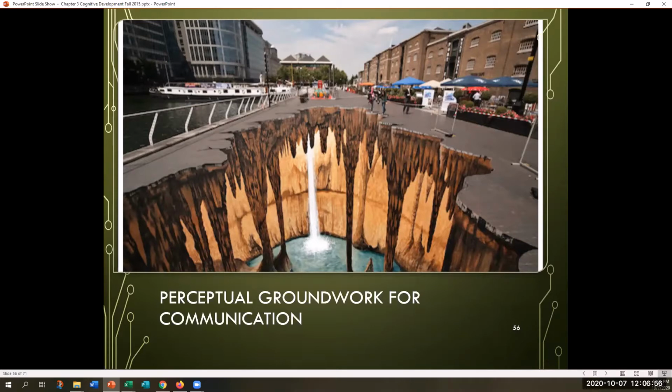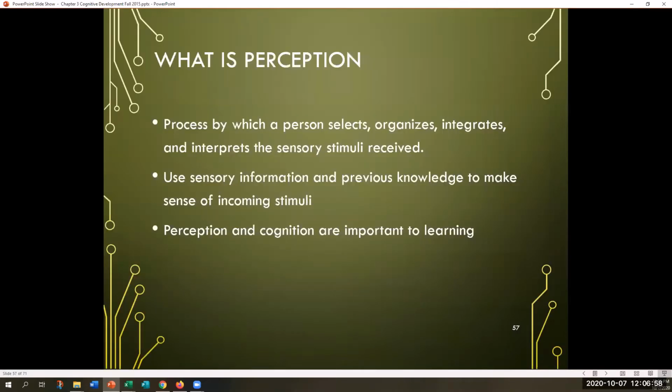So let's talk about what is perception. Perception is the process by which a person selects, organizes, integrates, and interprets the sensory stimulation that we receive. And so what are our senses? The 5 senses are sight, sound, taste, touch, and smell.